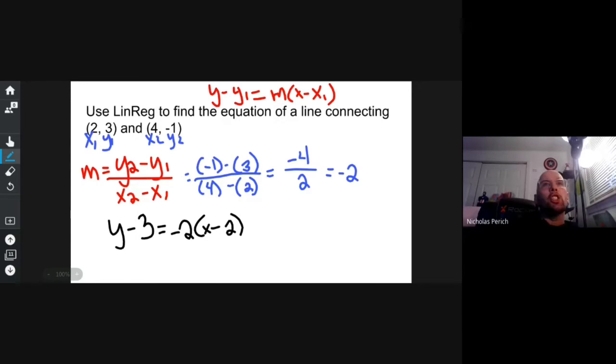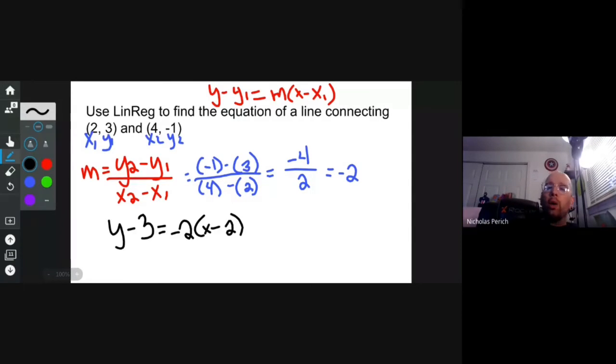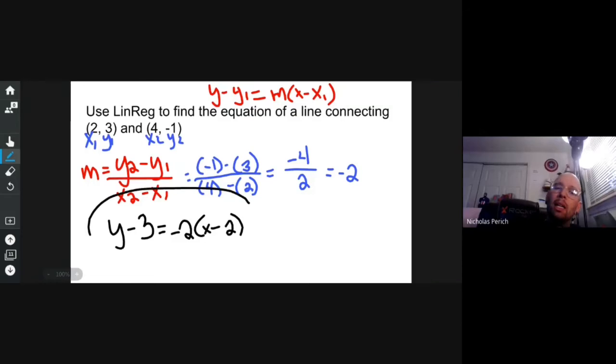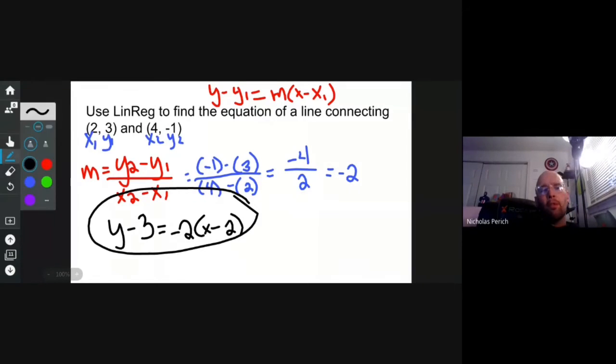And that's my answer. Now you might be saying, oh, Mr. Perich, when we did the line of best fit, I got y equals negative 2x plus 7. That's not y equals negative 2x plus 7. Okay, you got me. Although that is the answer, allow me to take this one step further. That is the answer. Stop right there.